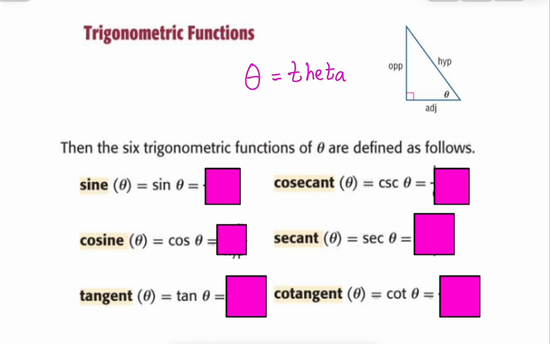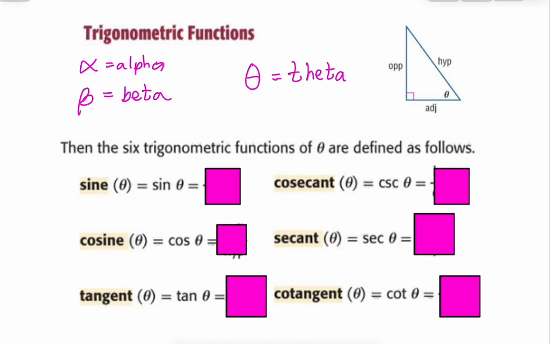So you will see me use theta, you will see me use sometimes alpha, you will see me use beta. Those are just pretty common Greek letters. And if I use any other Greek letters for an angle measure, I'll let you know what that Greek letter stands for. But theta is the most common.